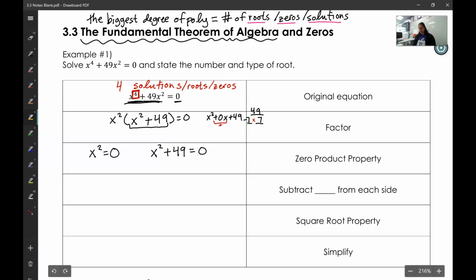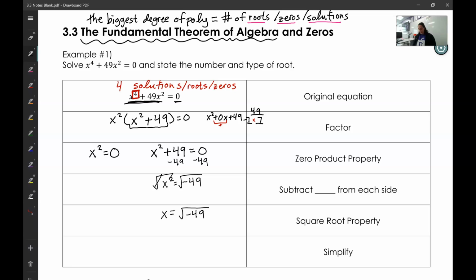You can just straight up solve it. But that only works if there's no middle term. So here's what I mean by solve it. Let's subtract 49. So I have x squared equals -49. And then I can square root. You can see because I didn't have that middle term, I can just subtract and square root to get my answer.